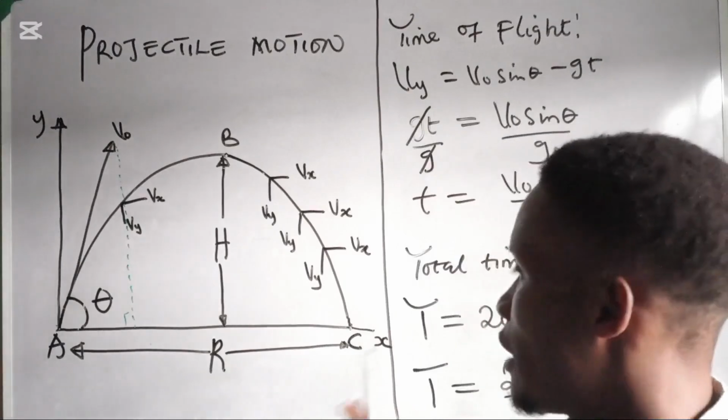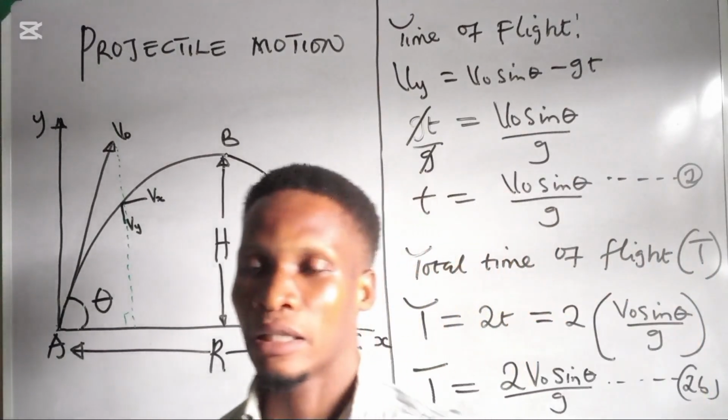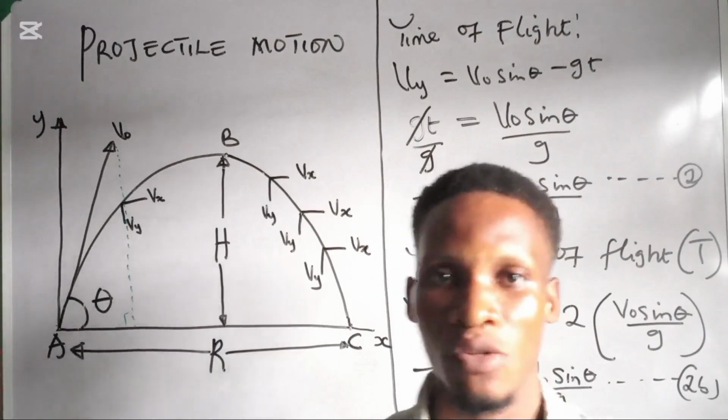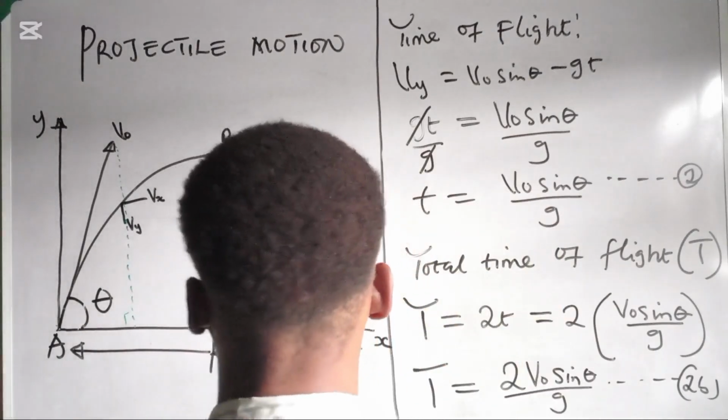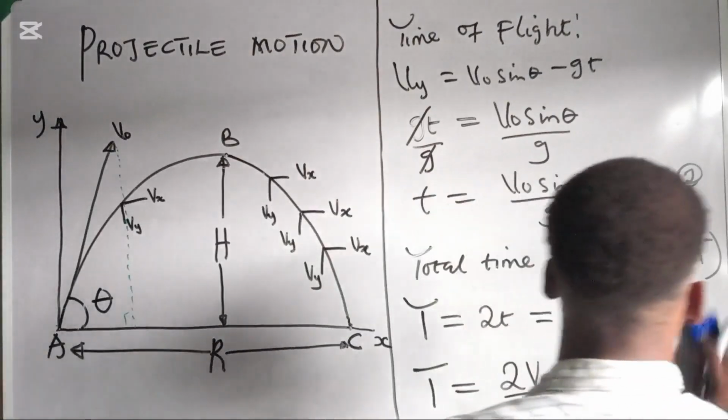Okay, we have now ended proving the formula for the time of flight and that of the total time of flight. Now let's go into the range, which is this horizontal distance that you are seeing on the diagram here.